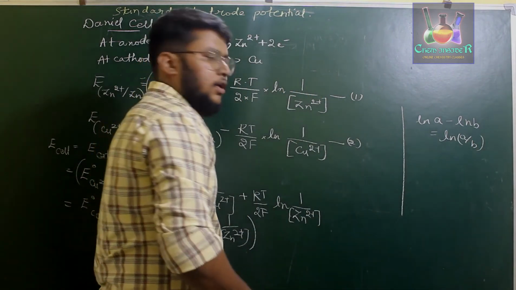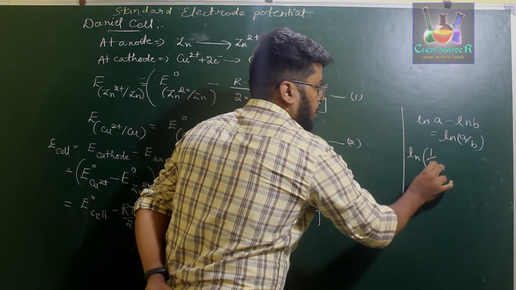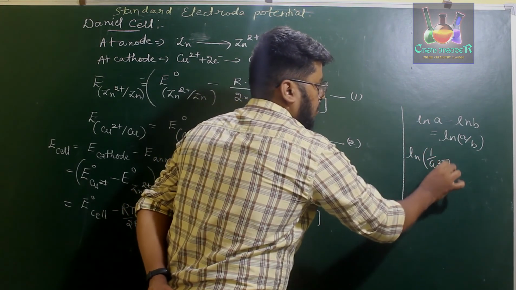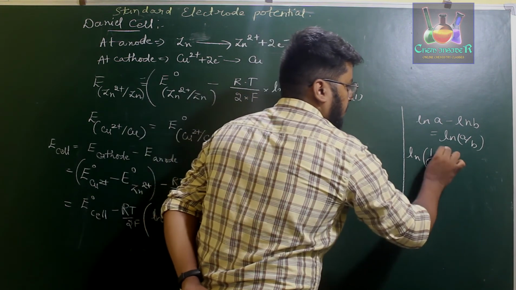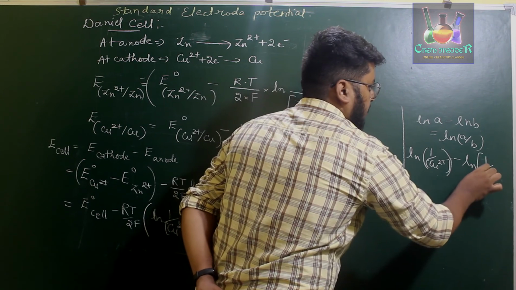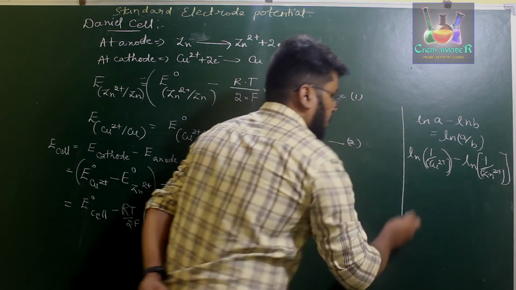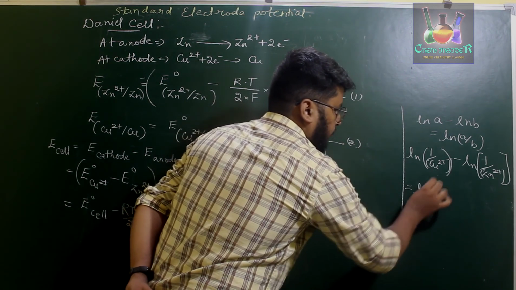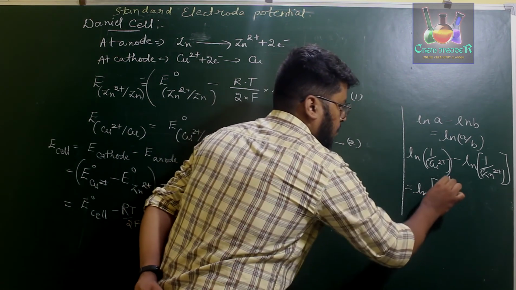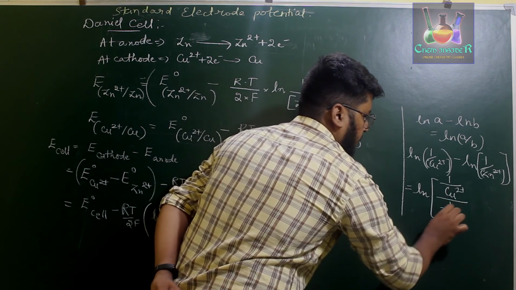So if we substitute, ln of 1 by Cu2+ concentration minus ln of 1 by Zn2+ concentration will be equal to ln of 1 by Cu2+ divided by 1 by Zn2+.